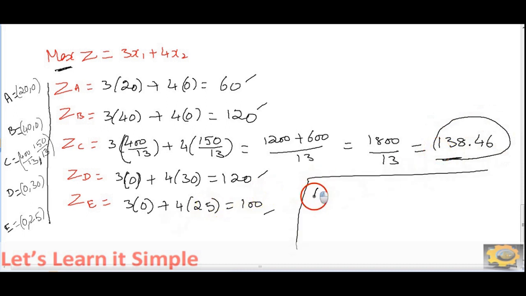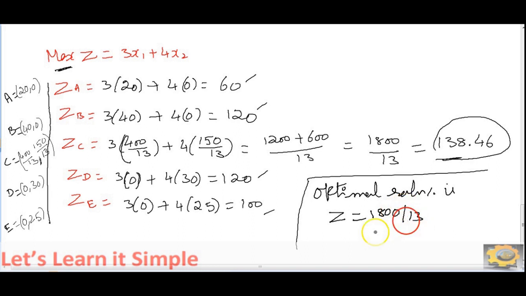Therefore the optimal solution is Z equal to 1800 by 13 at the point C, which is 400 by 13, 150 by 13.